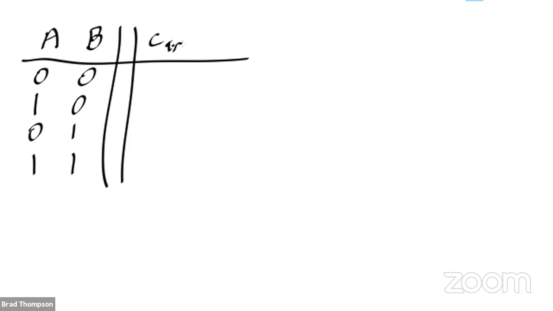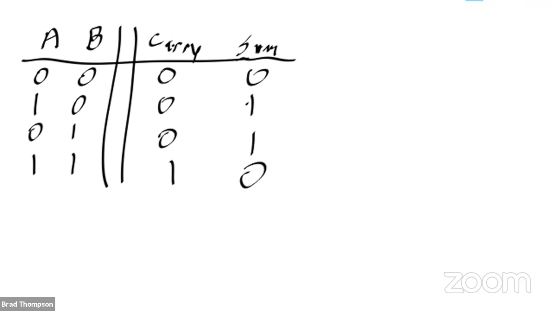We're going to call them the carry and a sum. So the 0 still, that's going to be a 1. Nope, backwards. 1, that's going to be a 0. 0.